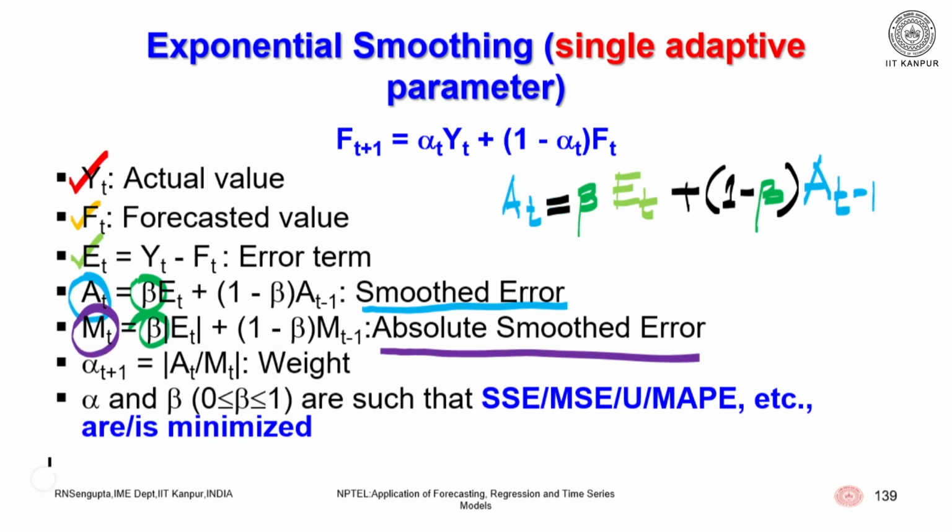So, if I draw the diagram in the theoretical sense for the error, if this is the 0 value along the x axis and along the y axis I am plotting the error fluctuation, it can be like this theoretically, which means the mean value is 0.